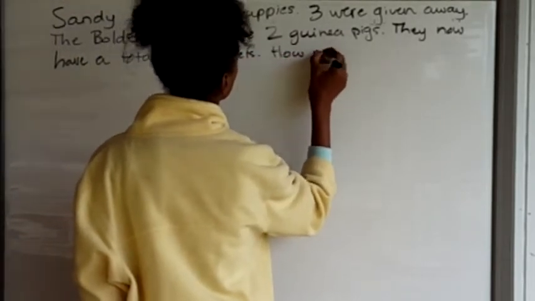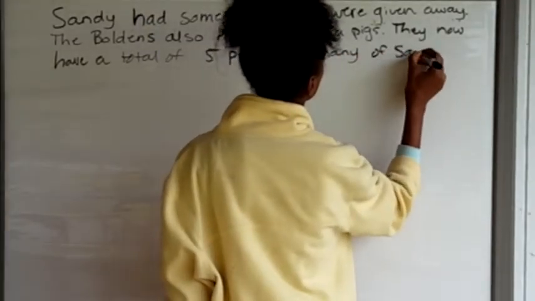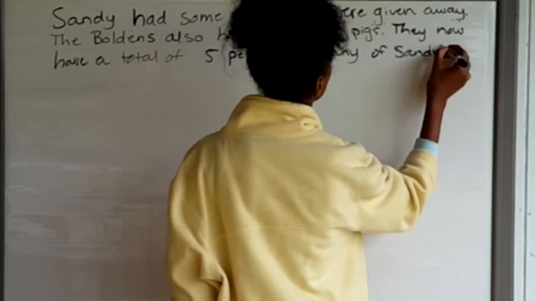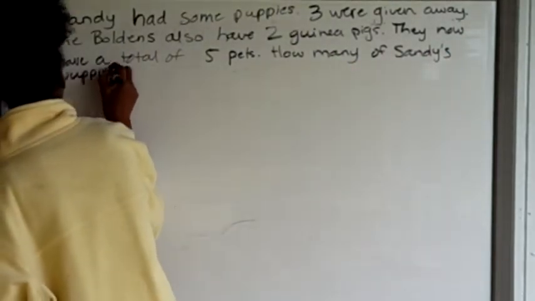They had 6 puppies. How many of Sandy's puppies did they keep?